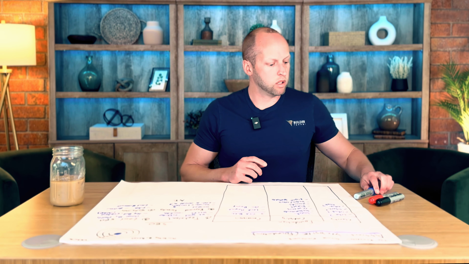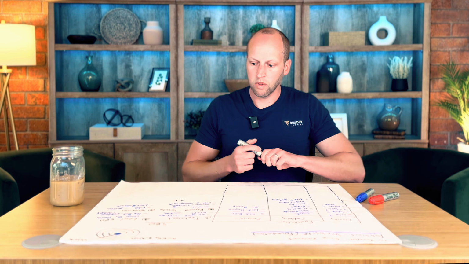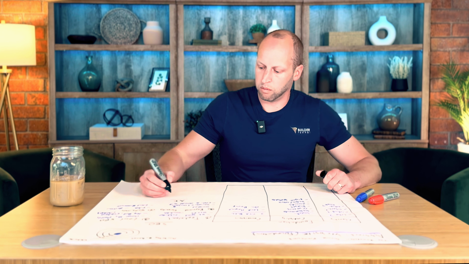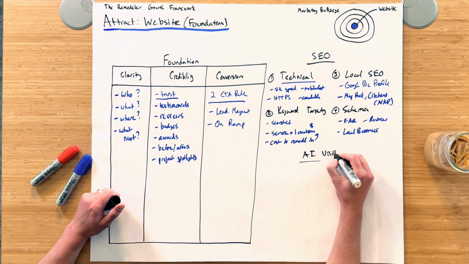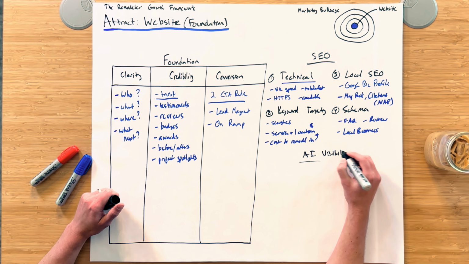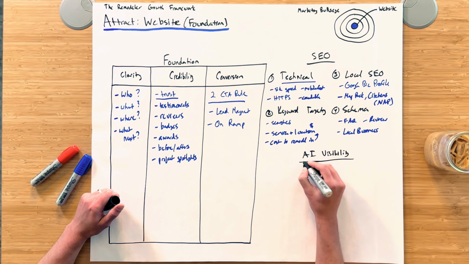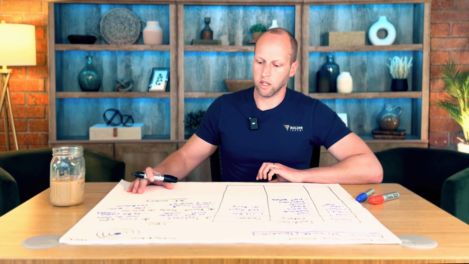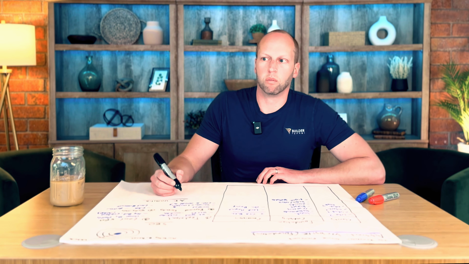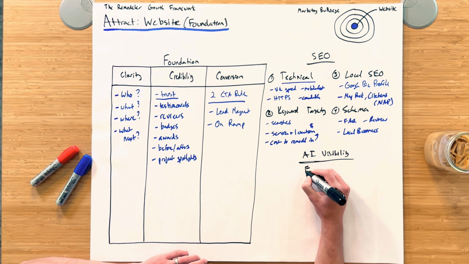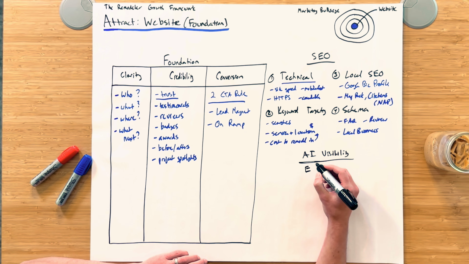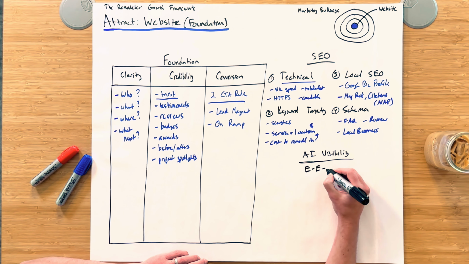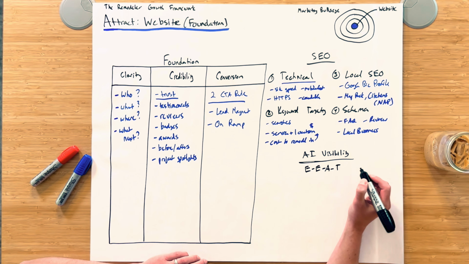Okay, so now let's move to AI. And AI visibility is really what we're trying to influence here with what we're going to talk about. And so again, there's a nice little acronym that has actually been around for a long time, back to the Google days when we didn't have AI.